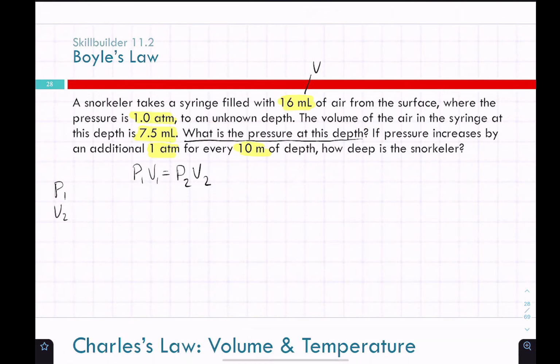So the trick here though is, P1 V1 equals P2 V2. Which of these units should we use in Boyle's law?